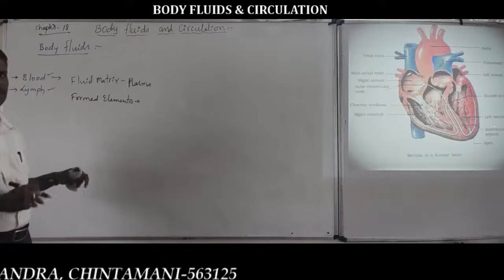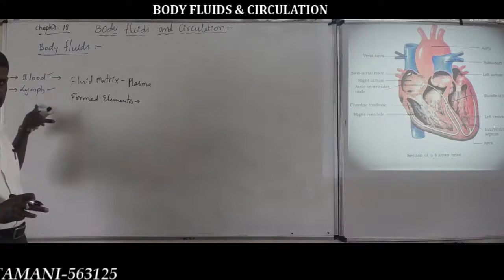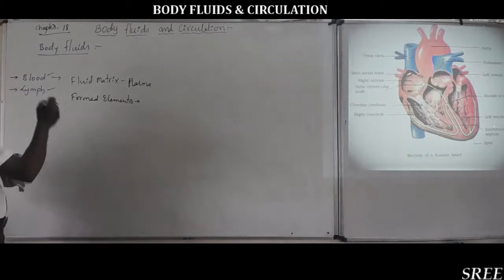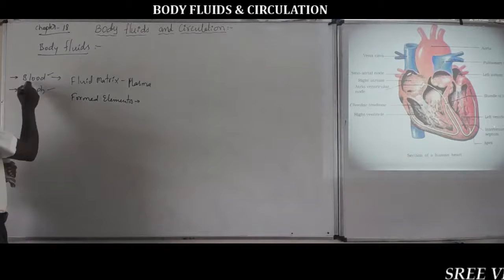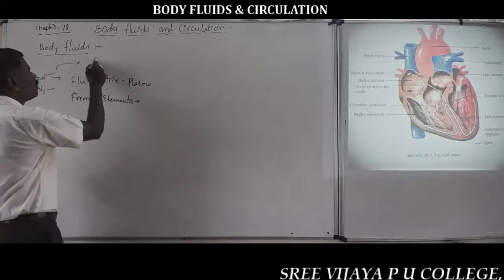So in this chapter we discuss the body fluids, that is blood and lymph. As you know, blood is a fluid connective tissue.